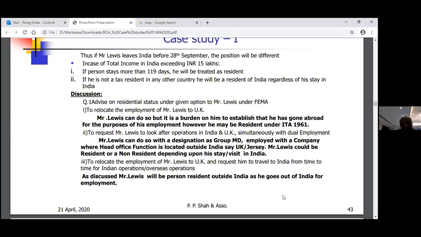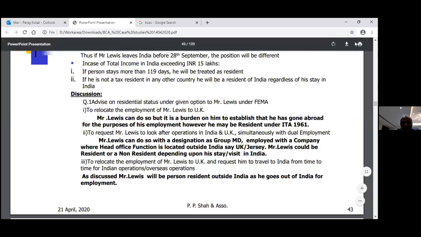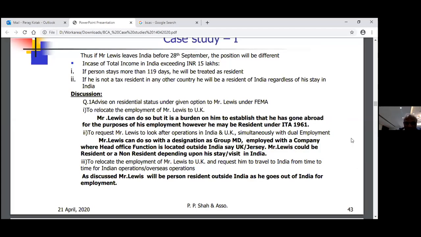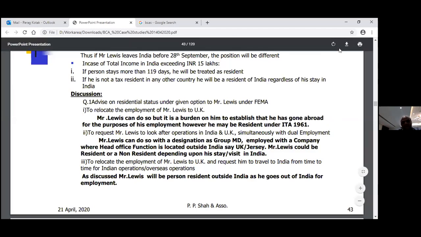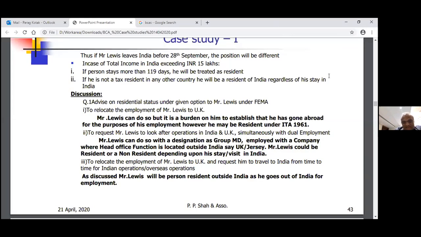Then various provisions of the law which are taxed on a presumptive basis will not apply to him. And income from fees for technical services, other items of income like interest, which is also taxed at a concessional rate of 10 and 20, will also not apply to him.